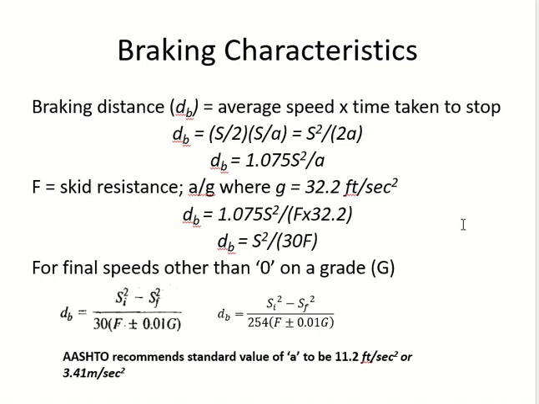This was the initial speed. The final is 0. So s plus 0 divided by 2, average speed. Got it? And then what's the other factor? Time. So speed upon deceleration gives you time.